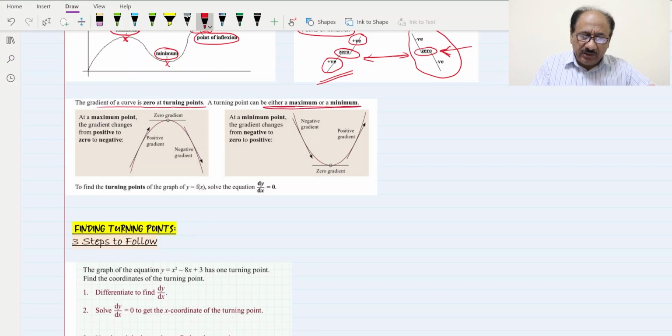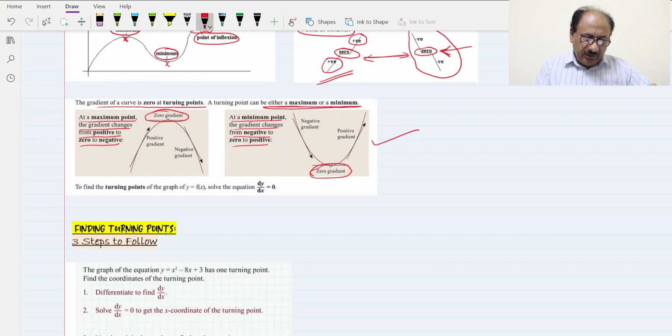Both at the maximum and minimum points, the gradient will be 0. At a maximum point, the gradient changes from positive to negative, whereas at the minimum point, the gradient changes from negative to 0 and then to positive. These drawings show a better explanation.